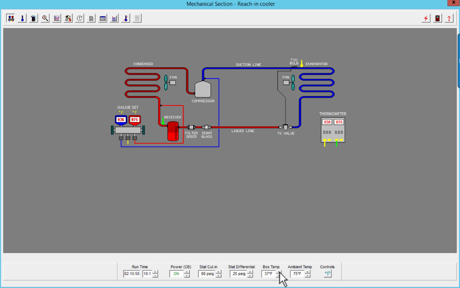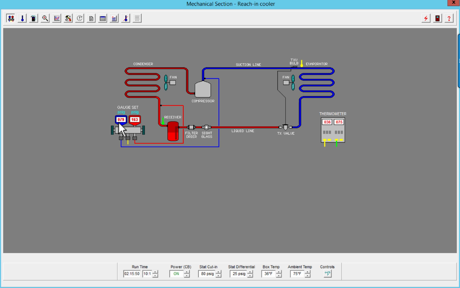So as that box temp comes up, sooner or later that's going to come back in. So again, between the in point and the out point is my differential. So when we look at this on the pressures, we see 73, 74, 75. My box temp is climbing. We'll just wait a minute here.